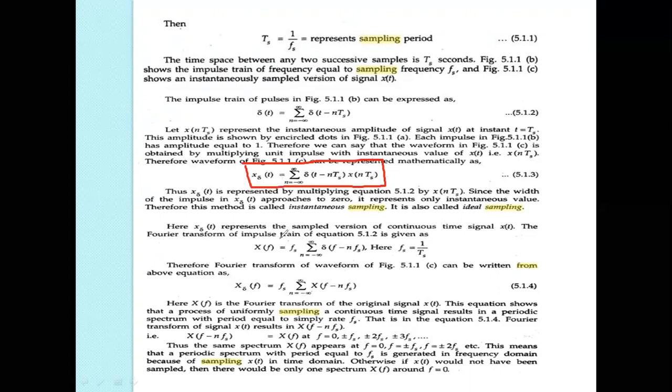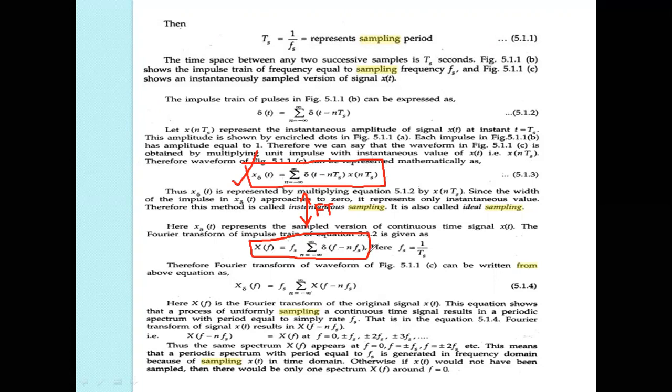The Fourier transform of the impulse train is x of f equal to Fs into the sum of n equal to minus infinity to infinity of delta of f minus n into Fs. See, this time domain signal is converted by applying the Fourier transformation to get the frequency domain function.